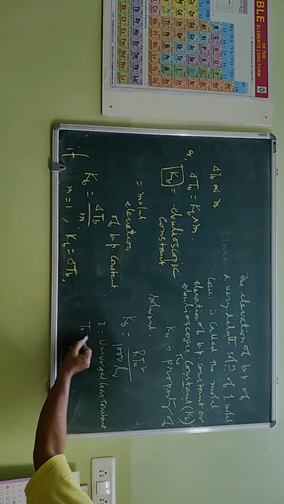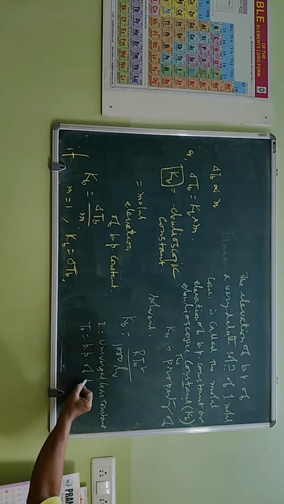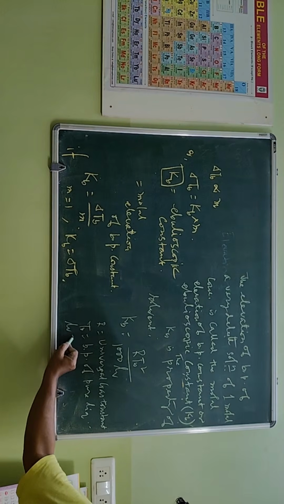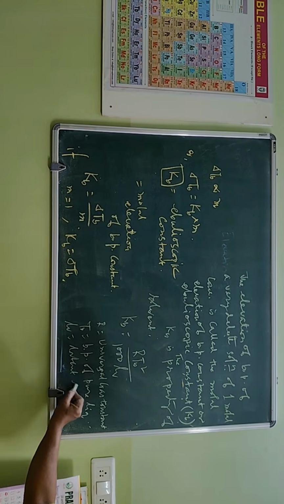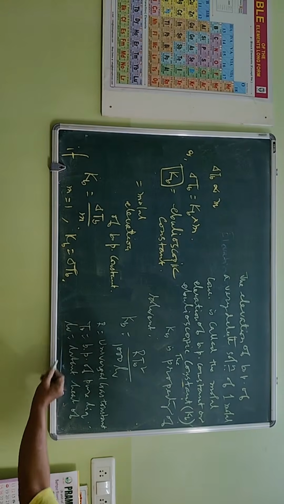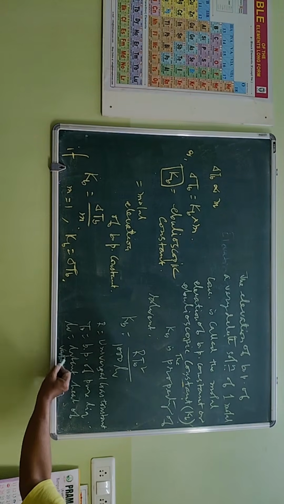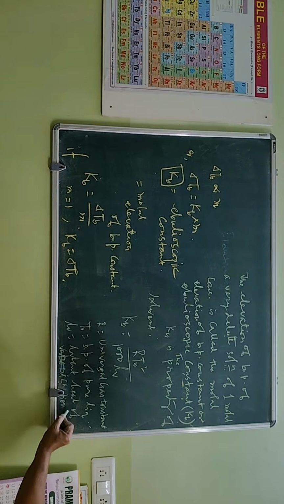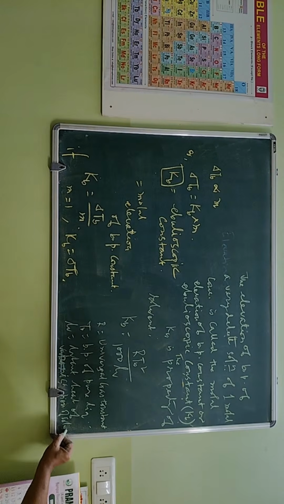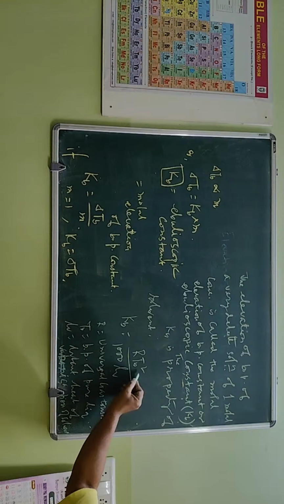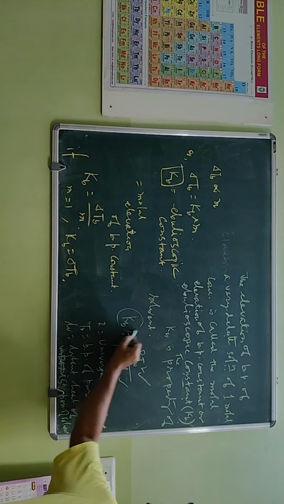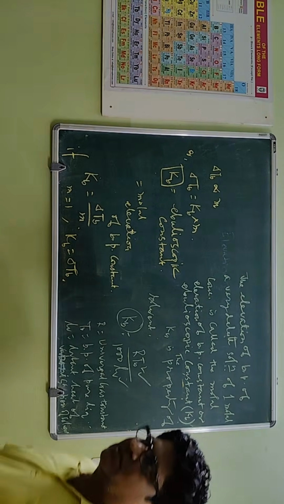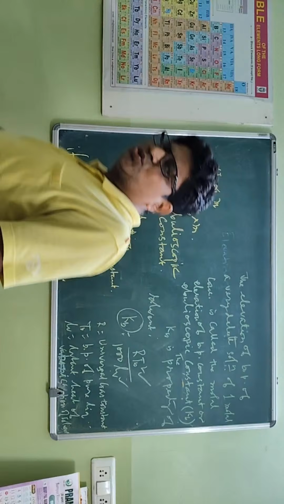Tb is the boiling point of the pure liquid, and Lv is the latent heat of vaporization of the solvent. As these are related to the solvent, we can say that the value of Kb depends on the nature of the solvent. So if you change the solvent, the Kb value will also change.